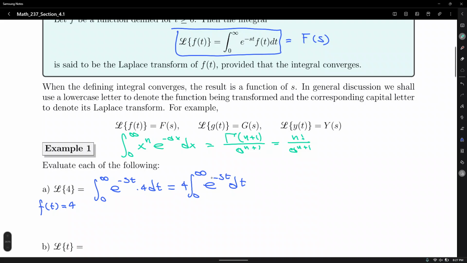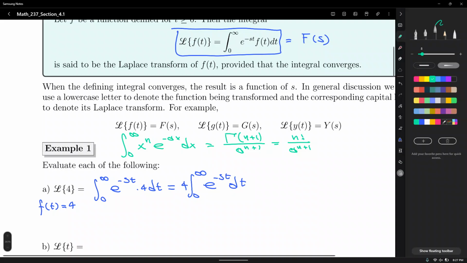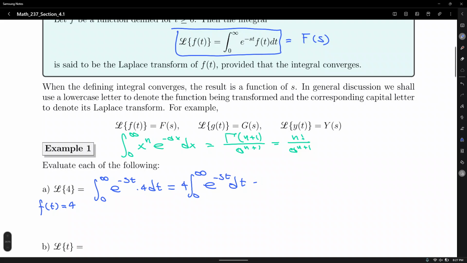All right, how can we write this integral in terms of the gamma function? Hopefully we agree, this is 4 times the integral from 0 to infinity of t to the 0 power e to the negative st dt.